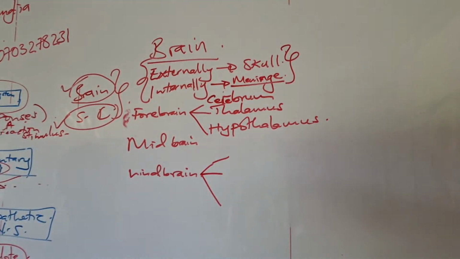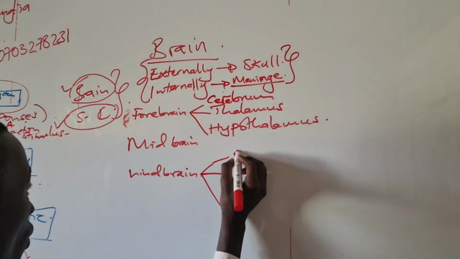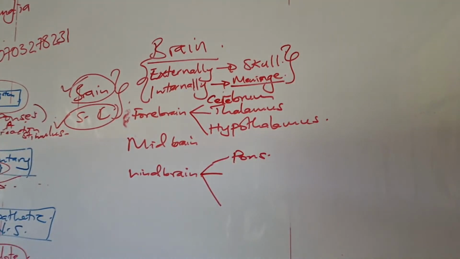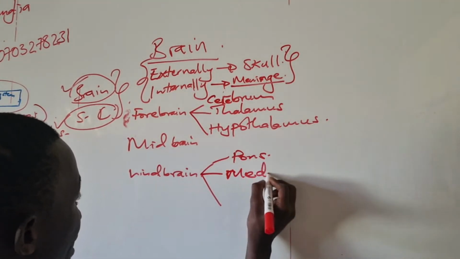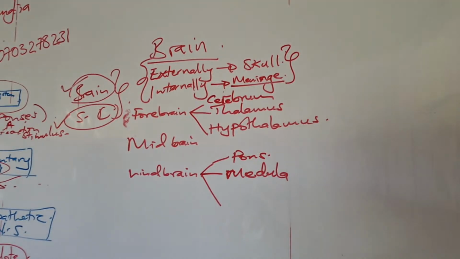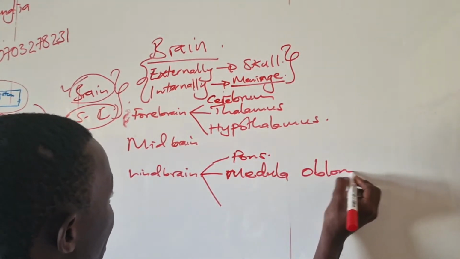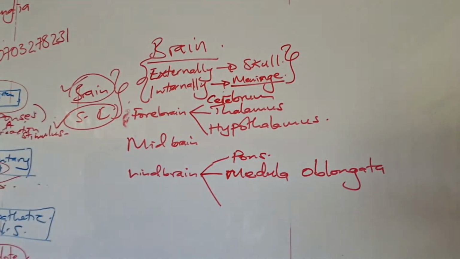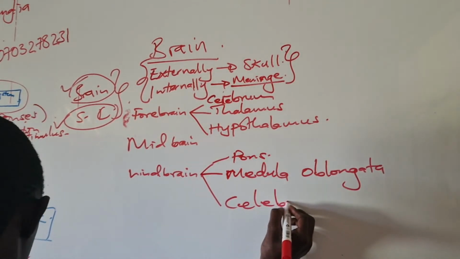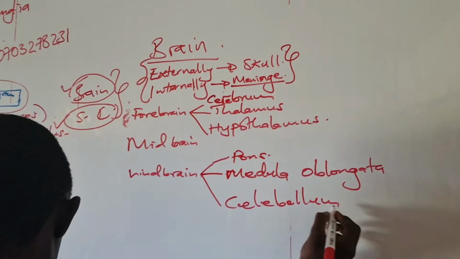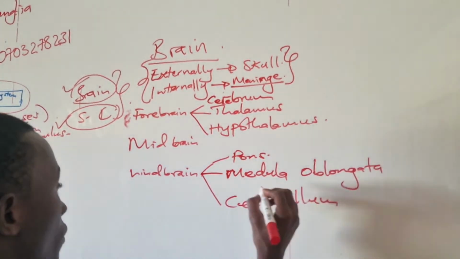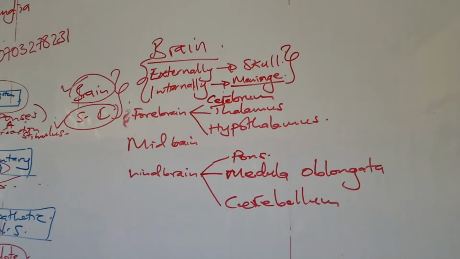Then the hindbrain is made up of the pons, which we shall look at in detail, the medulla oblongata, and then the cerebellum. So these are the major parts that make up the brain. There are other parts, but these are the major ones.